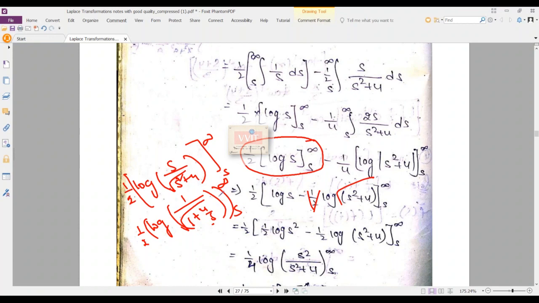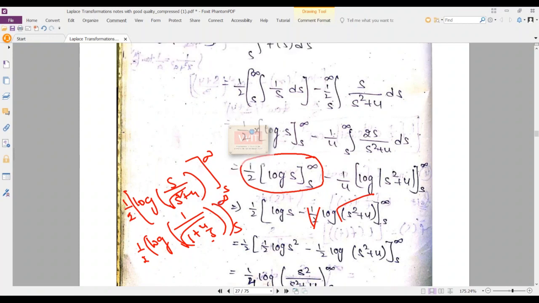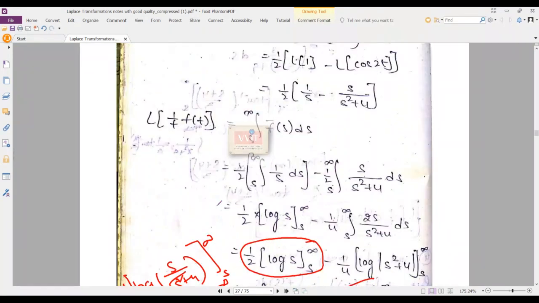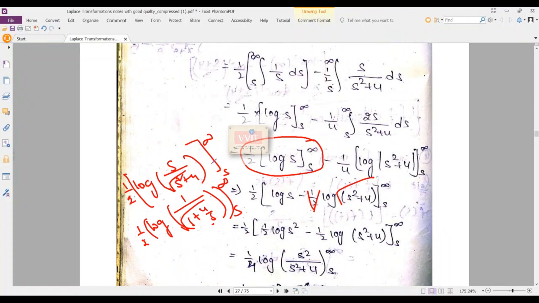So if I substitute the upper limit, it is 4 by s square, it's my mistake, s square has to be there. Anyhow, 4 by infinity, something by infinity is 0, so it will be 1 plus 0.